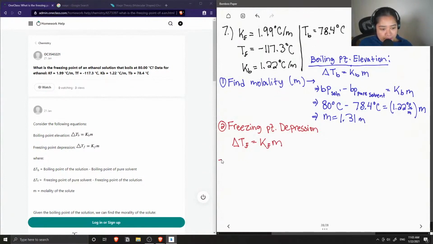And again, delta Tf can be broken down to the freezing point of your pure solution minus the freezing point of your solution. And this is equal to Kf times m.